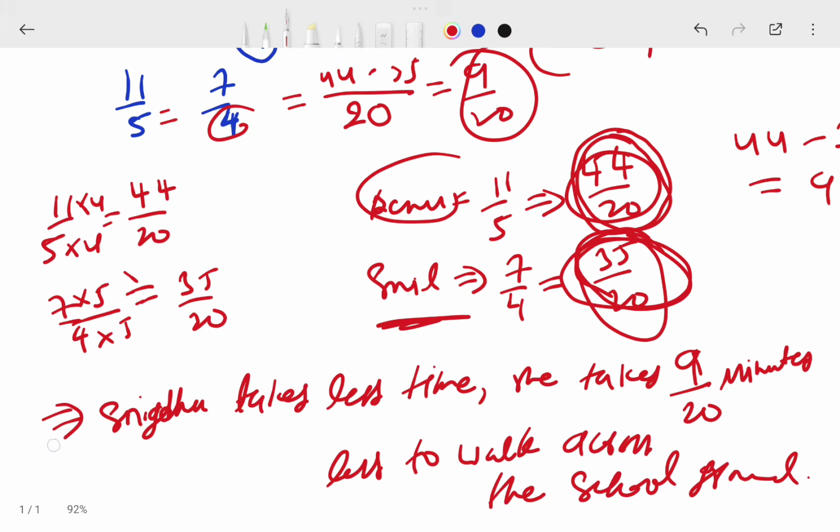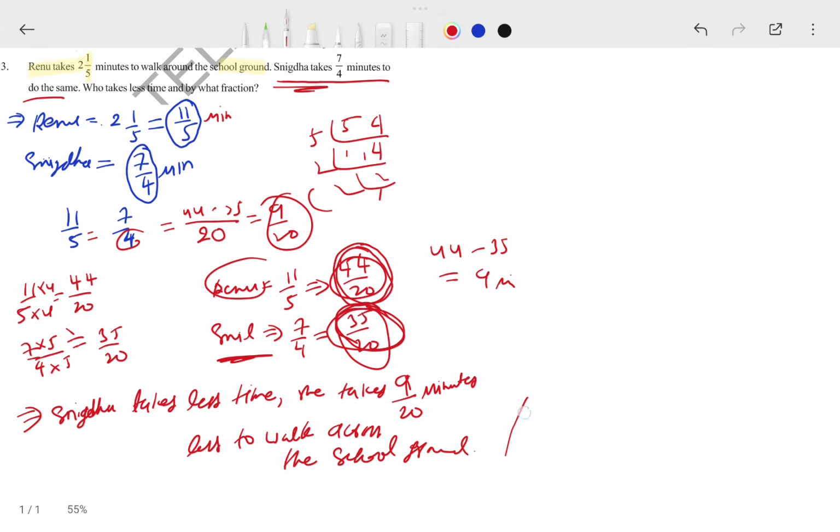So generally this is your answer. There is nothing in this one, it was very simple.